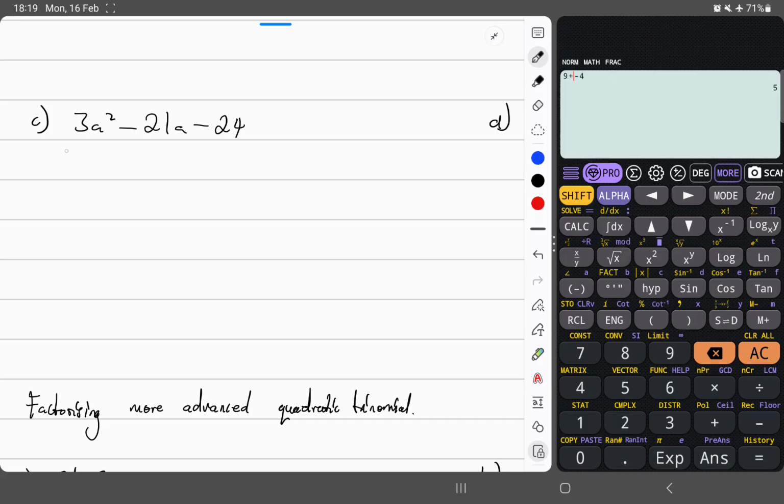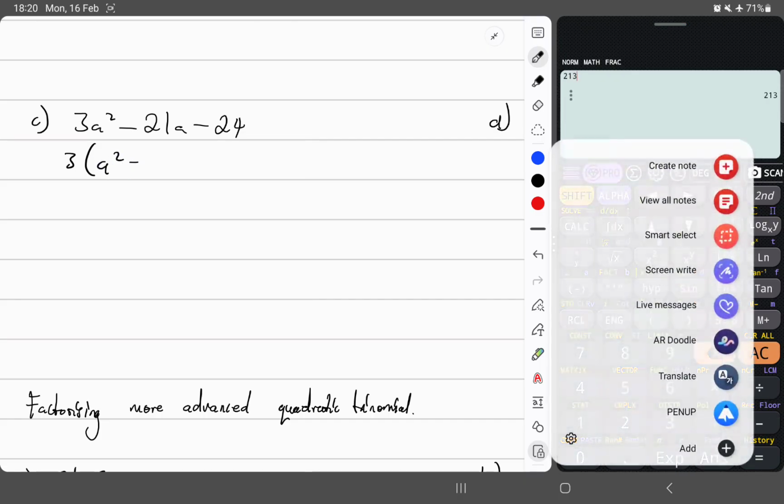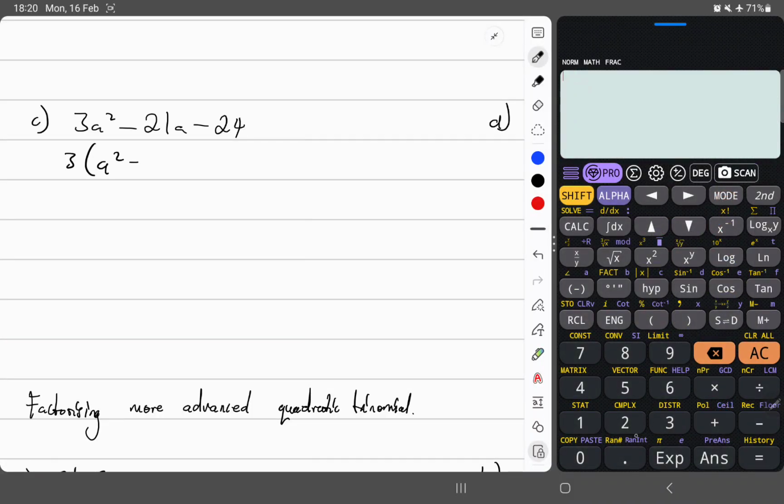Two numbers here, I can take out the common factor, which is going to give us a 3. Take out a 3 as a common factor, you'll have a squared minus 7a minus 8, because 21 divided by 3 will give us a 7 and 24 divided by 3 will give us an 8.